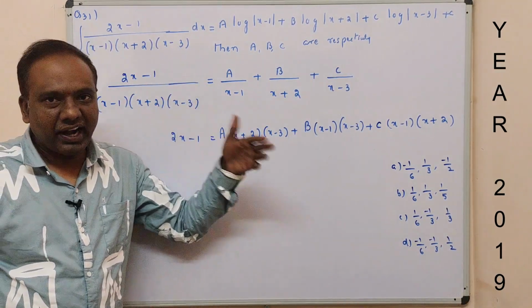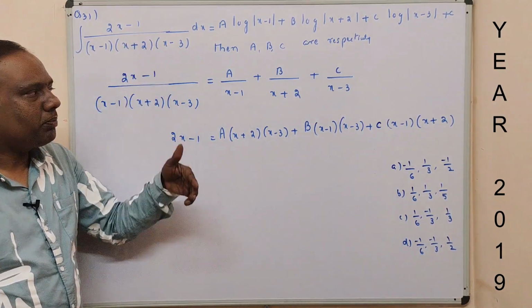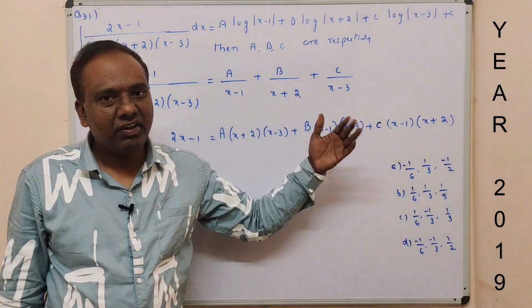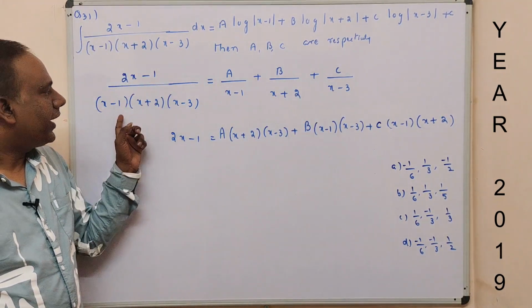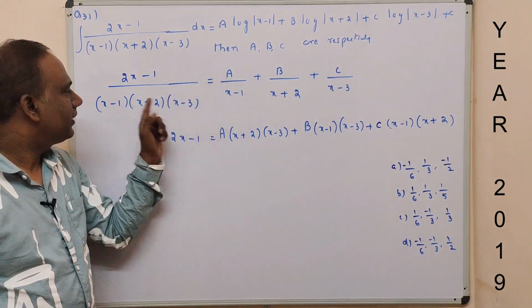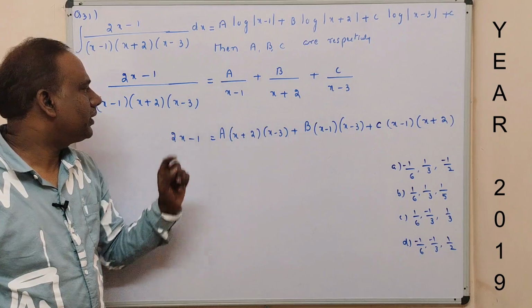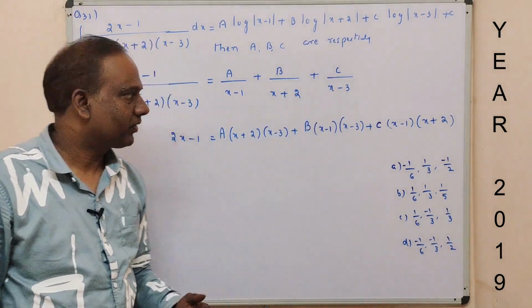So it is actually partial fractions. By using partial fractions we can calculate the a value, b value and c value also. Here there are 3 factors, so we can write a by x minus 1 plus b by x plus 2 plus c by x minus 3.